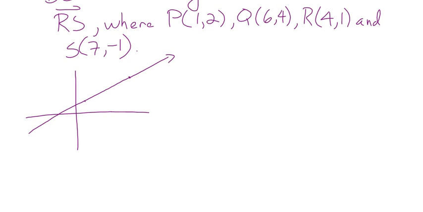And the line RS starts at 4, 1 and goes to 7, negative 1.